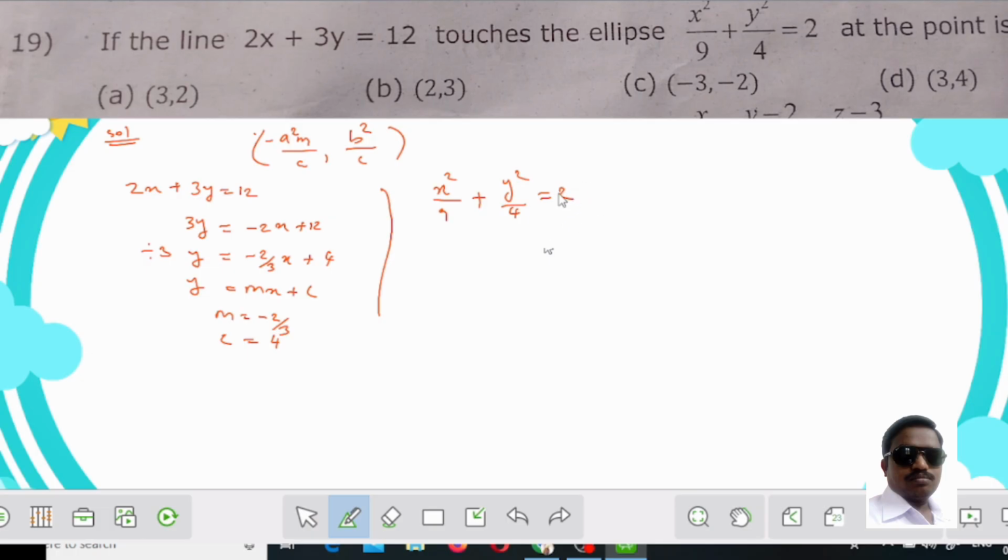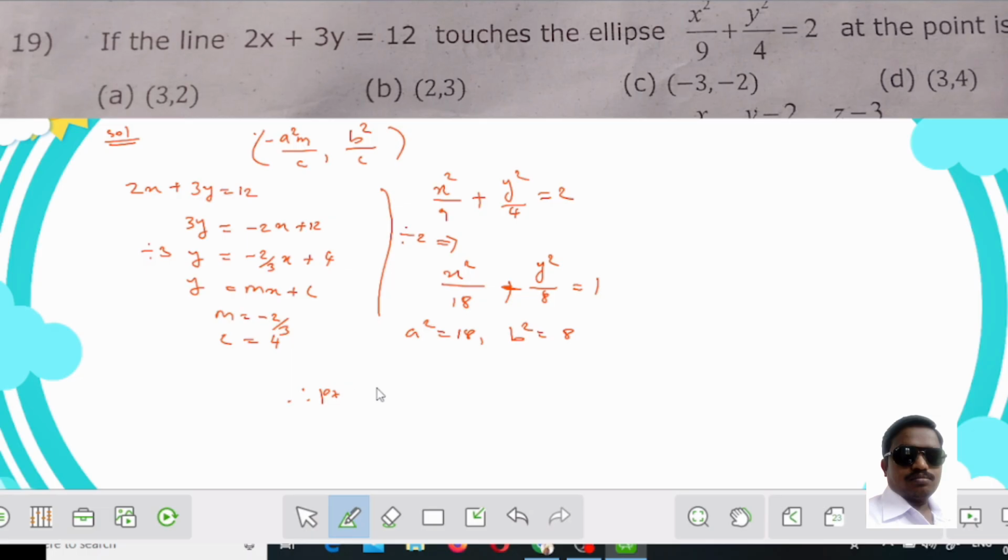So to make it 1, you just divide by 2 on both sides. So this will become x²/18 + y²/8 = 1. In an ellipse, the larger value will be a², the smaller value will be b². So here a² = 18 and b² = 8.